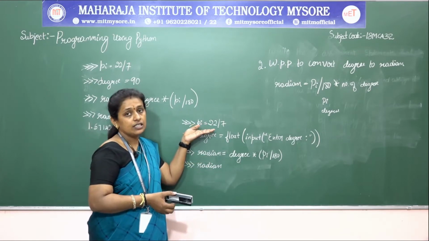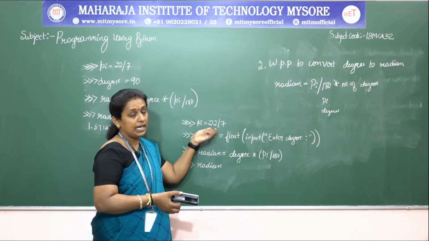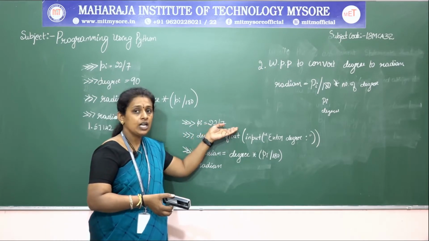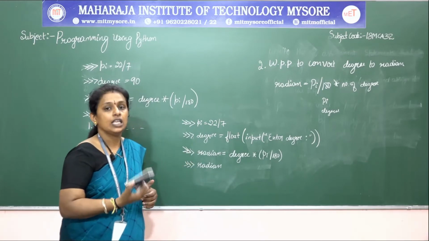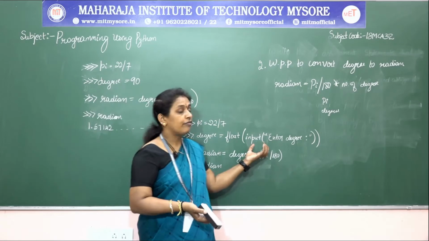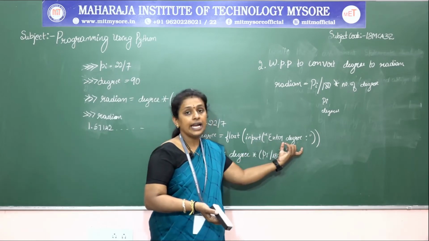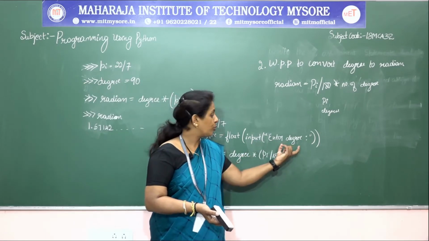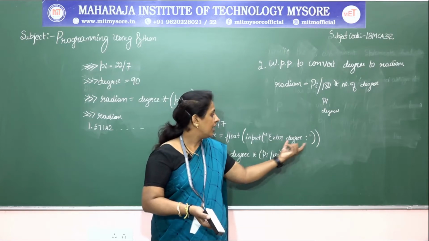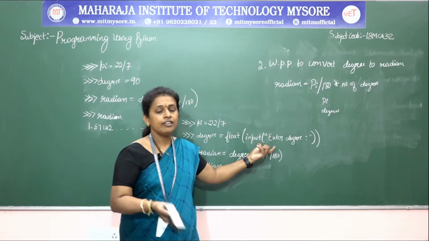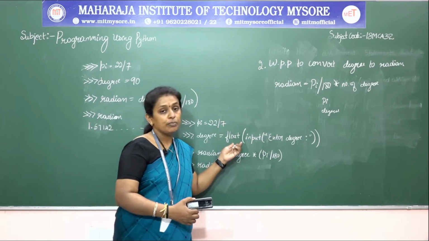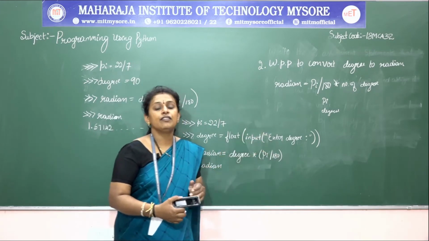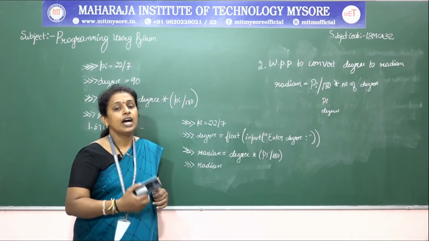I will start by assigning a pi value, that is pi equal to 22 divided by 7. After that I am taking an input from the keyboard, so I used the function called input. The prompt 'enter a degree' will be executed, and whatever value is fetched from the keyboard will be converted to a floating point value, because by default whatever we enter is in the form of a string.